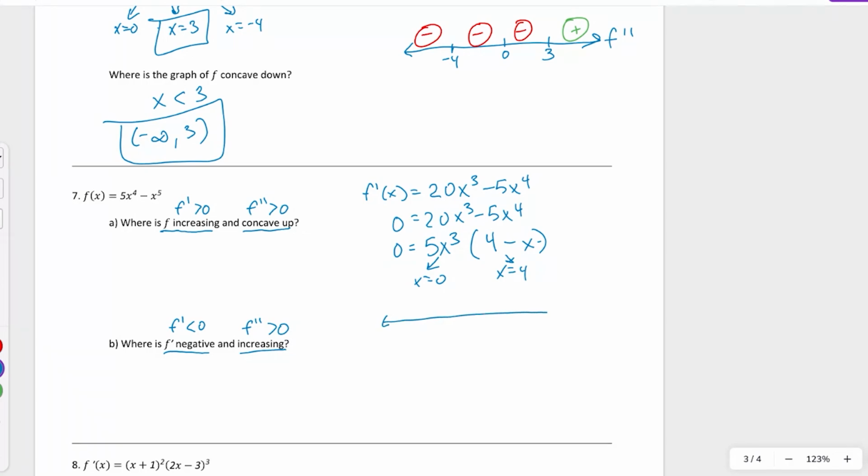So this is going to be my number line chart for f prime. We still need to check f double prime, but we'll do that afterwards. Uh-oh, lost my window there. There we go. So yeah, we've got one at 0, one at 4.